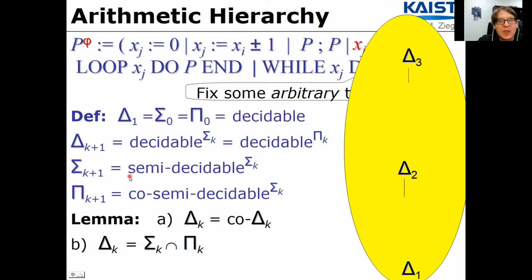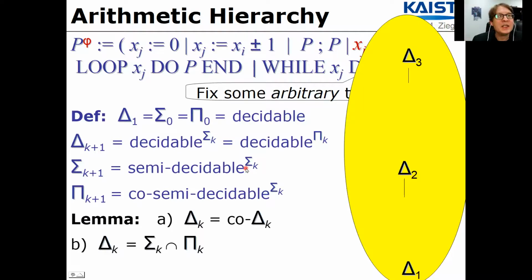So let's, for example, consider the case sigma 1. What is sigma 1? Sigma 1 is when k is equal to 0, right? Sigma 1 is the set of problems which are semi-decidable with oracle access to sigma 0. Now recall, what is sigma 0? These are the decidable problems. Giving oracle access to decidable problems does not give more power.